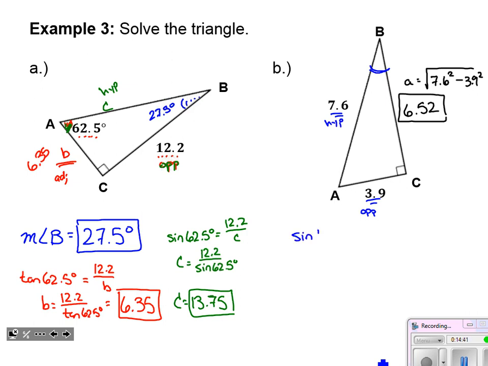The sine of angle B is going to equal that 3.9 over 7.6. If I'm trying to find the angle, I better use the inverse. I want that angle to be an output. So I'll type that in: sine inverse of 3.9 divided by 7.6, and I get 30.87 degrees.